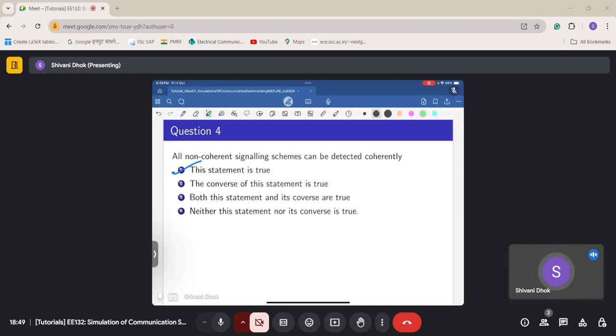In simple words, if any constellation scheme has its information embedded in its phase, and my phase is affected, then I can't go for non-coherent detection because my constellation is badly changed and I can't detect it. I can't understand what is happening. So I can't use non-coherent detection approaches to detect the coherent detection scheme. Is it clear?